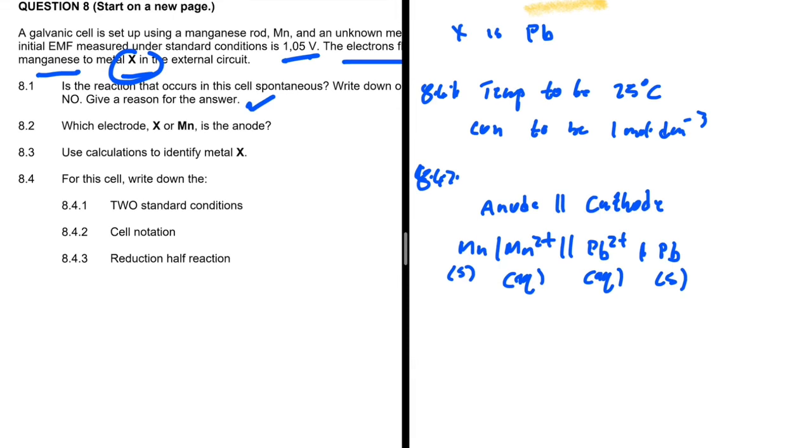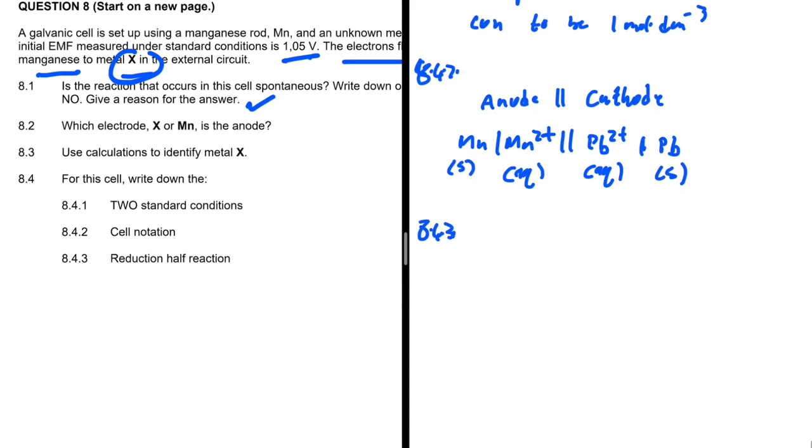That is 8.4.2. 8.4.3, reduction half reaction. Reduction occurs at the cathode, where we have a gaining of electrons. So Pb to the 2 plus gains 2 electrons to become Pb. Nothing complicated there. That is the reduction reaction.